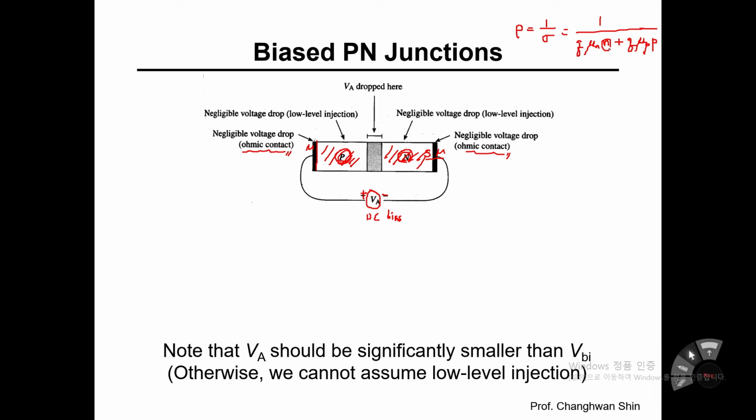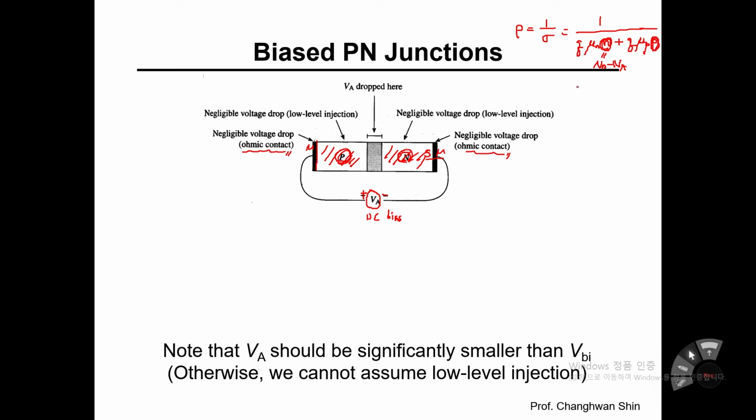The electron concentration would be governed by Nd minus Na, and the hole concentration depends on which material, n-type or p-type, so you can simply determine the electron and hole concentrations.